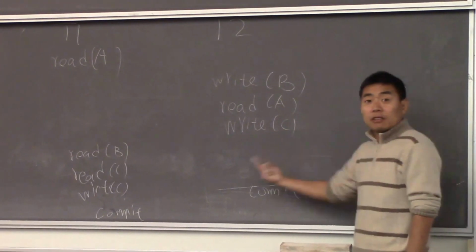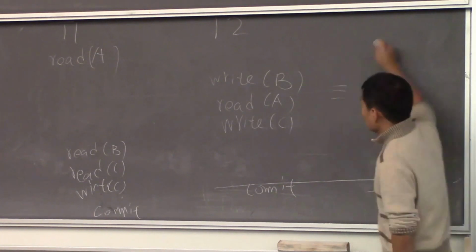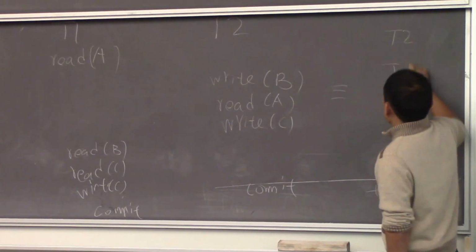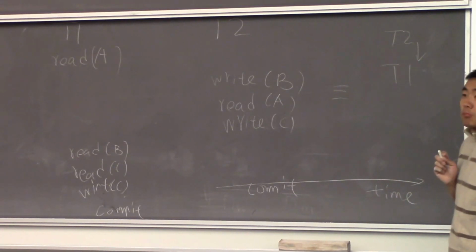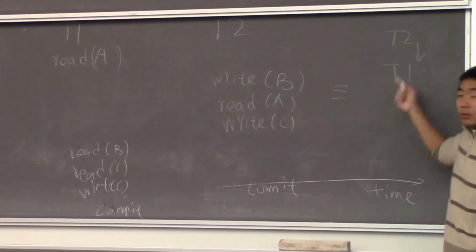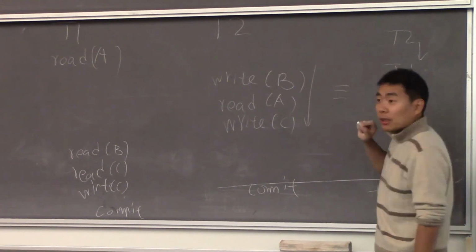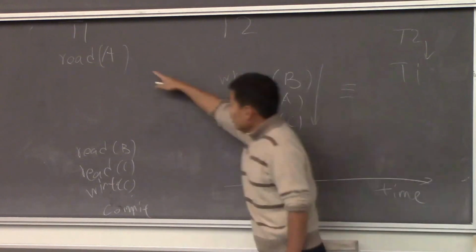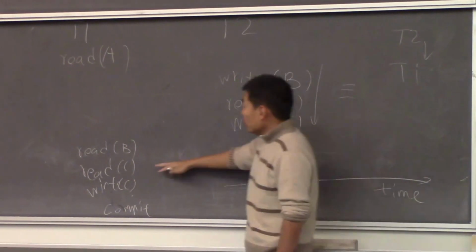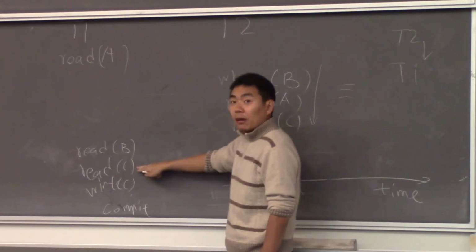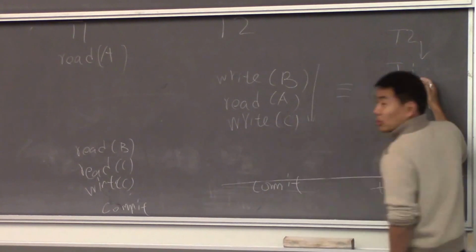So I am interleaving actions from two transactions, and you can show that this is equivalent to T2 then T1. Clearly it's equivalent to T2 then T1. Why? It's like I execute all of this first, then I execute all of this. After that, in this case I'm reading the value of C written by T2, and here I'm still doing that.